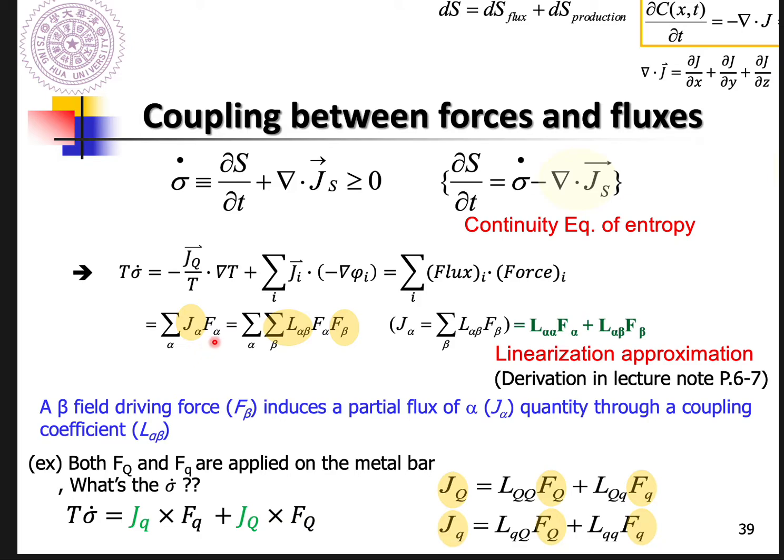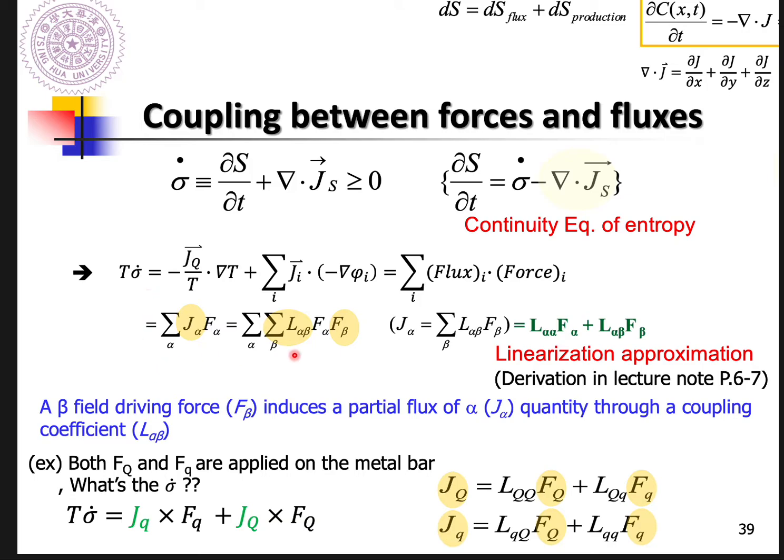For example, if we have a metal bar and there are two driving forces, the temperature gradient and the electric field applied on the system, what is the entropy production rate? So there are two driving forces, right?